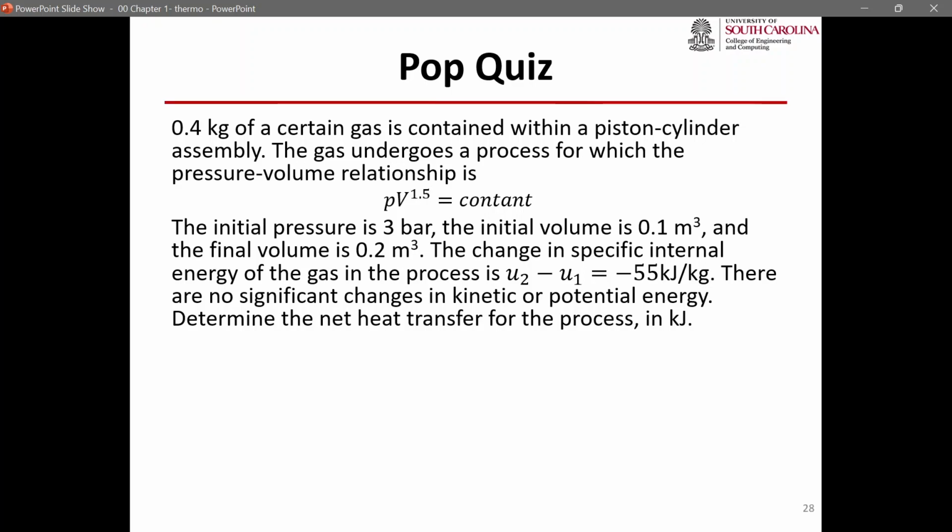Okay, is there anyone who has solved this already? I mean, you don't have enough time to do it, but is there anyone who has solved it? I'm gonna give you 1 more minute, and if you could solve it, you'll get a bonus point, of course.